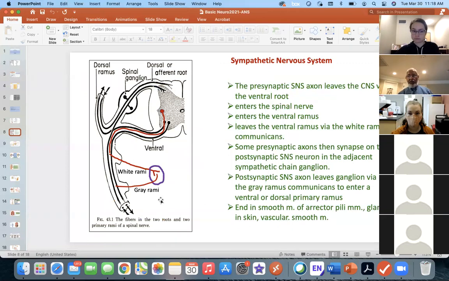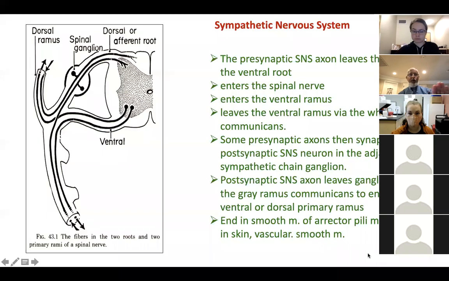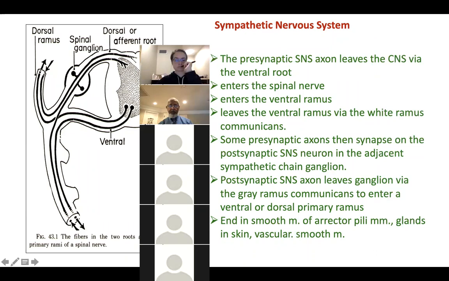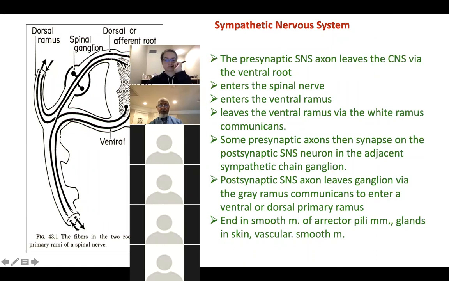Now, this one, I don't want to get into too much detail, so if you see, this is a somatic nervous system, right? How a spinal nerve is formed. Now, where is this one coming from, the autonomic? If I bring it here. Okay.